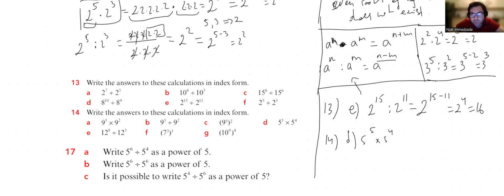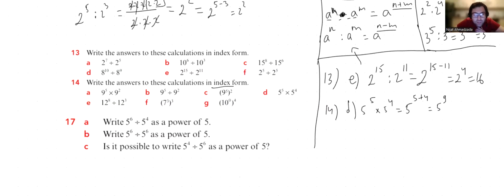You remember this rule? Multiplication. It's going to be 5 to the power of the sum of those powers. So 5 plus 4, which will be 5 to the power of 9. It says write the calculations in index form, so we're not going to calculate it. Just 5 to the power of 9 is enough.